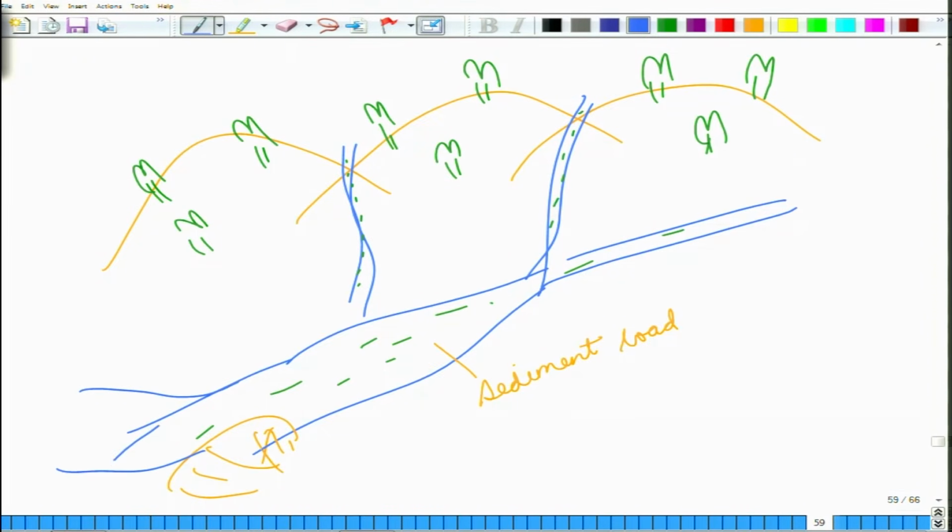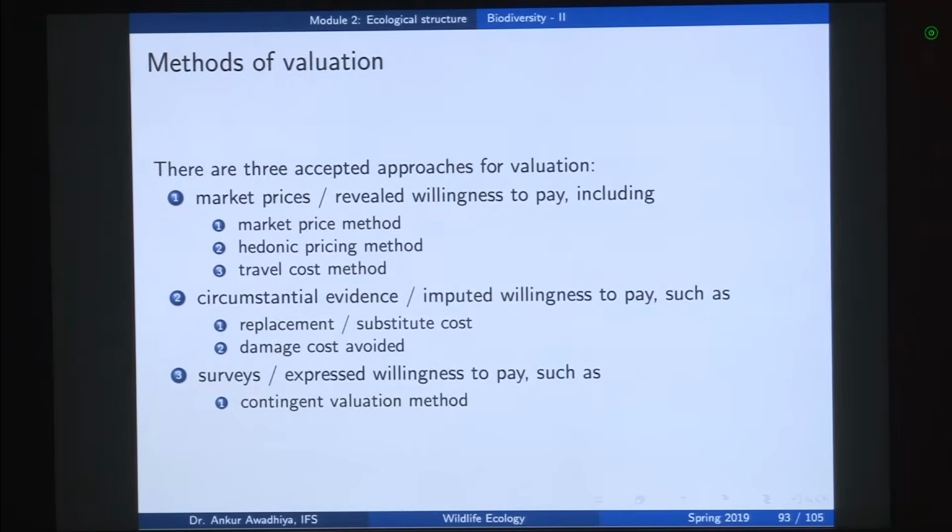So, in place of flowing like this, it now starts flowing like this, which might result in a situation of flood somewhere. Or there could be a situation that because of this huge sediment load, the fishes die out. So, that is some amount of loss that is being caused if the sediments come down, and these forests are protecting this soil and are not allowing it to be leached out.